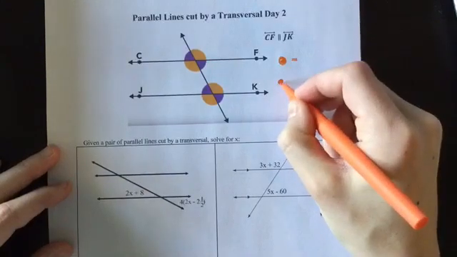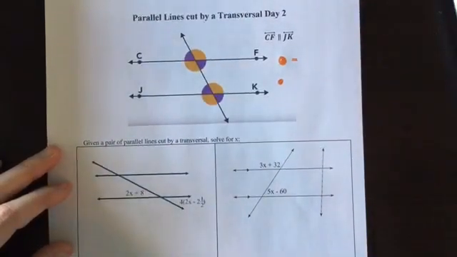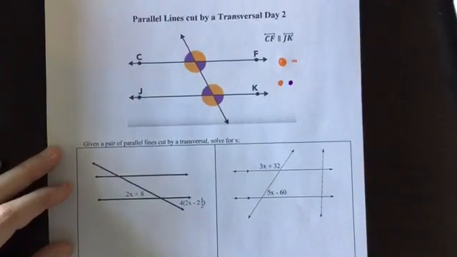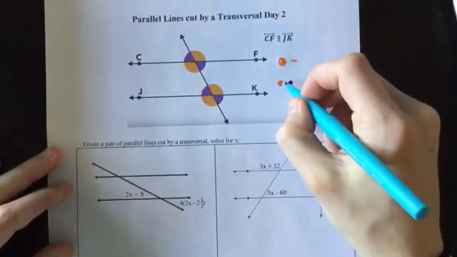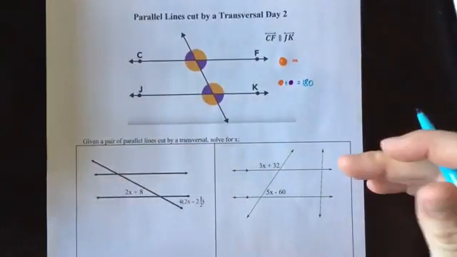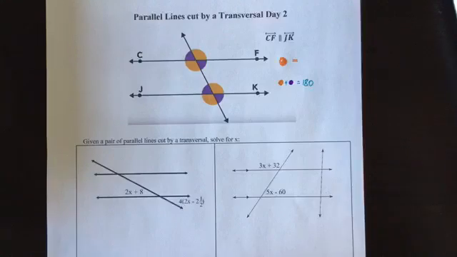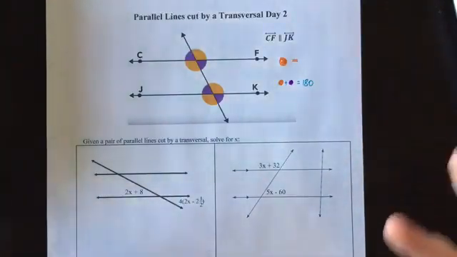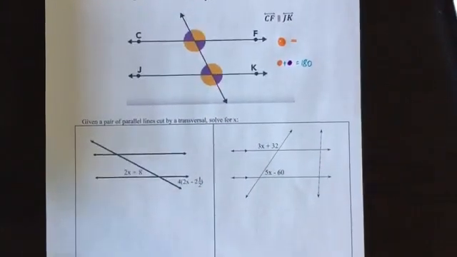Our opposite shadings, so in this case, our orange and our purple together are going to add to 180. Those are going to be supplementary. So same color shading congruent, different color shading supplementary, add to 180. And that's always just a nice little help as we go to work with our angles.